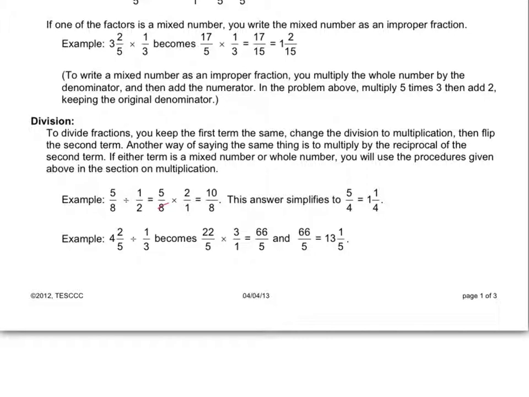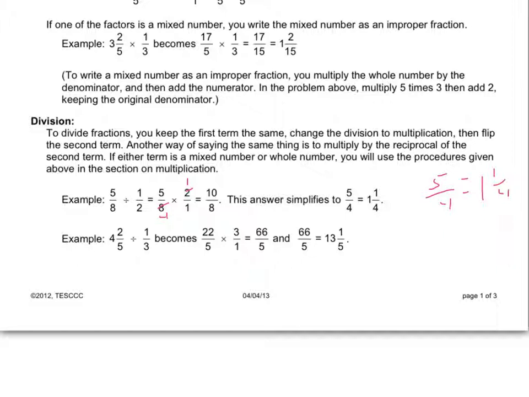Just cross divide: we'll get 4, cross divide, we'll get 1. And you can just multiply 5 times 1, which is 5, and 4 times 1, which is 4. And then all you got to do now is just change it to 1 and 1/4. I love that concept. Just practice it. I think you'll get it.